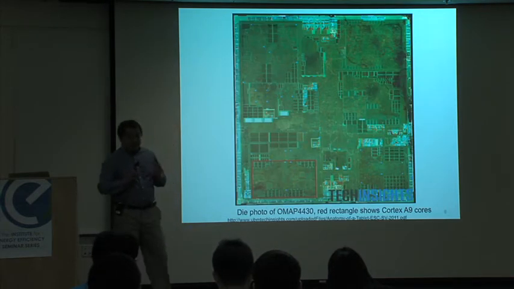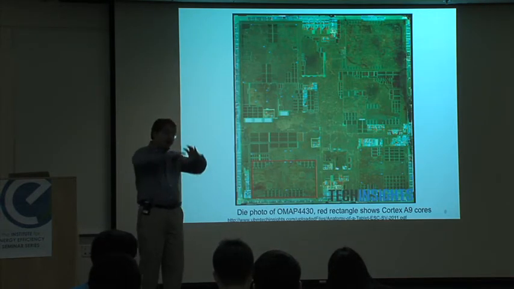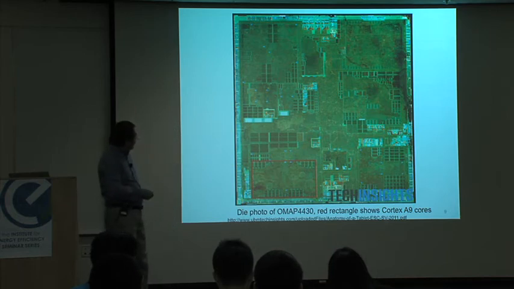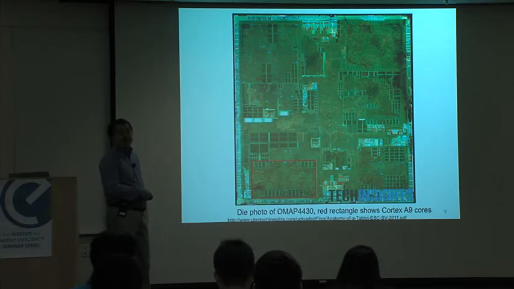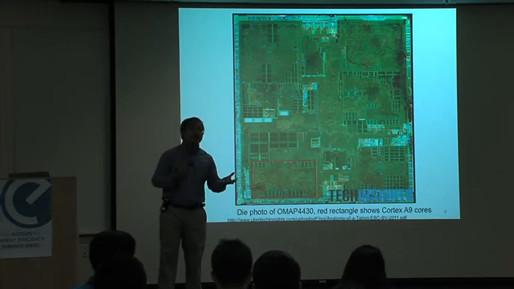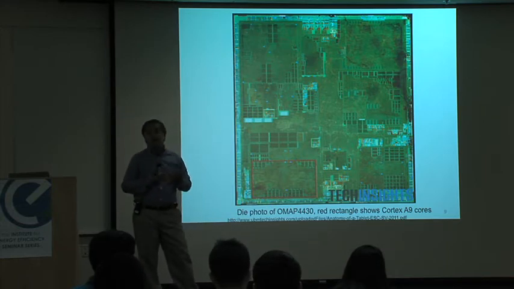To give you an impression of why managing the idle components is important, this die photo shows where the CPU is. This is a dual-core CPU. This is where your Android operating system, and the apps you download from the Android Play Store, would run. The rest are the other components: accelerators, GPU, DSP, I/O controllers.